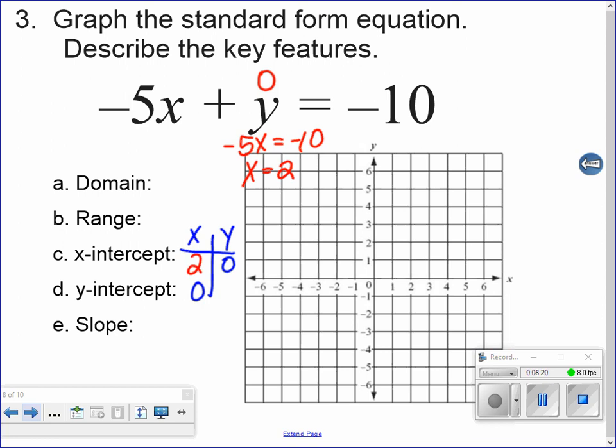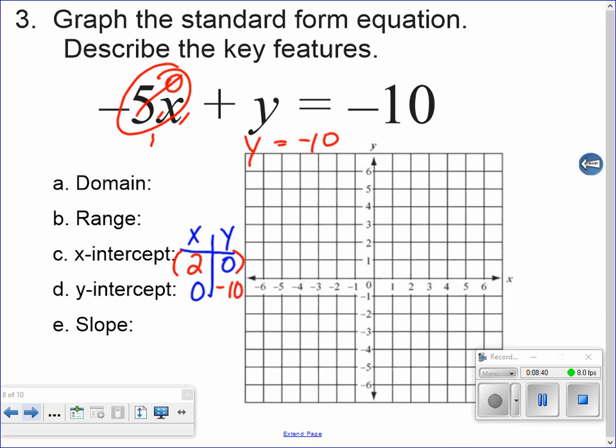So my x-intercept is (2, 0). My y-intercept is when we make the x 0. So when I make x 0, this term goes away, and we're left with y is equal to negative 10. So my y-intercept is at negative 10.